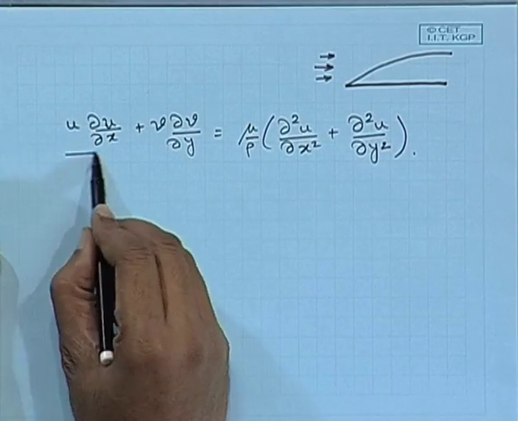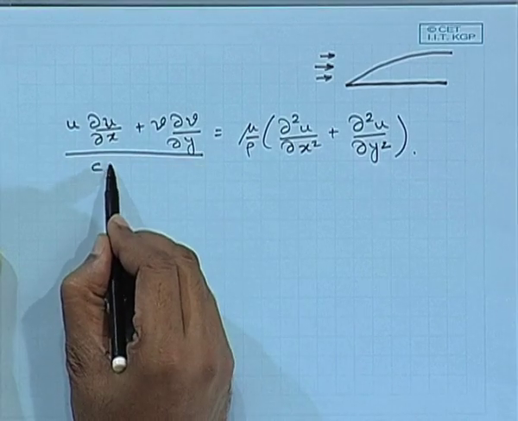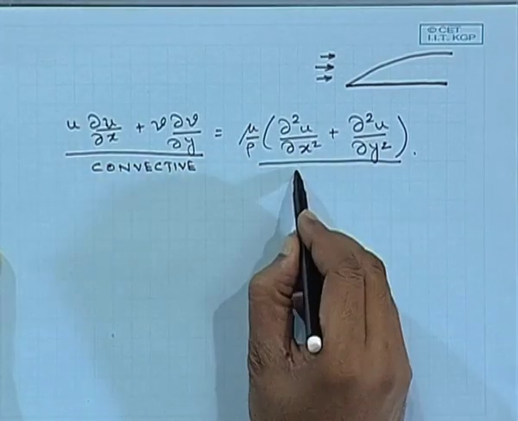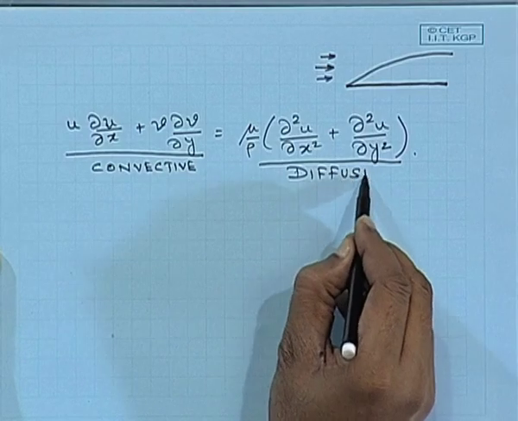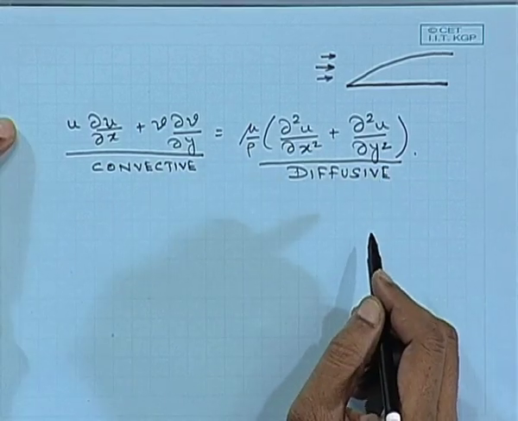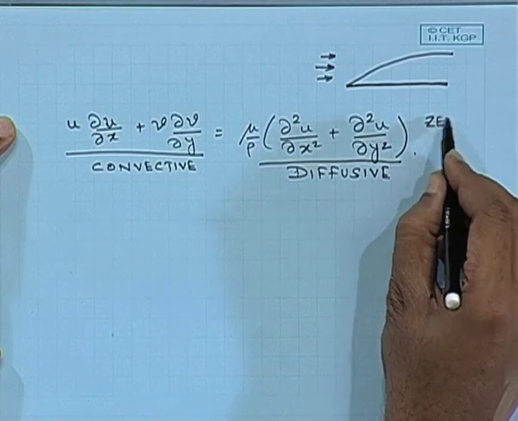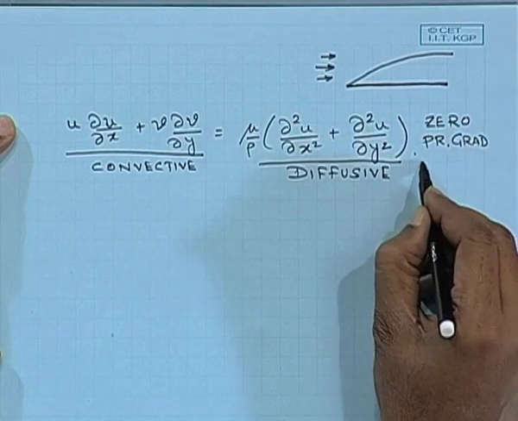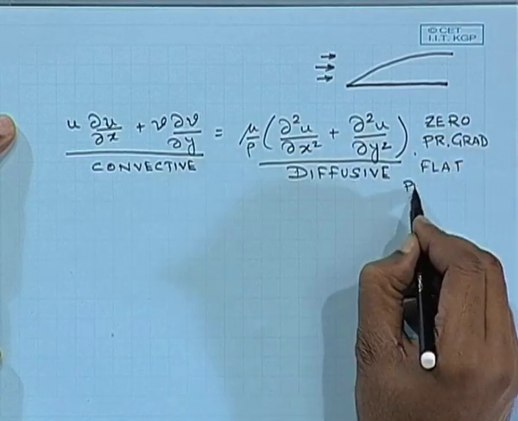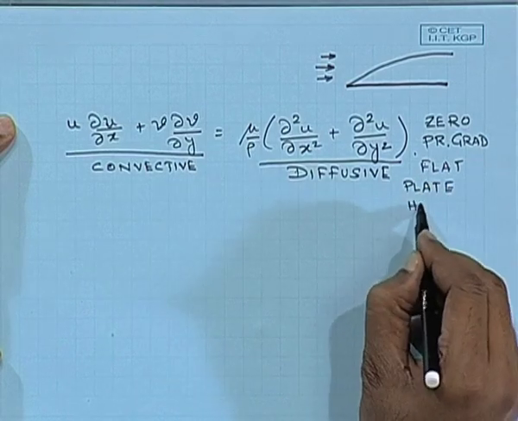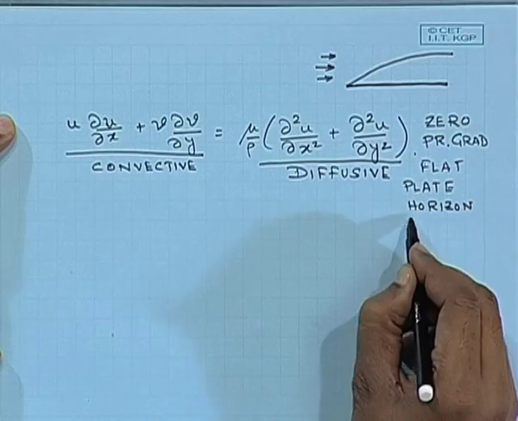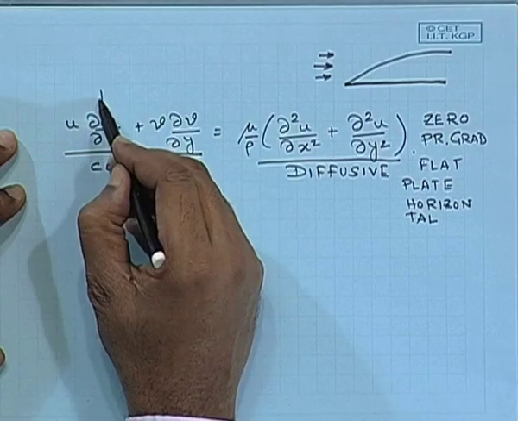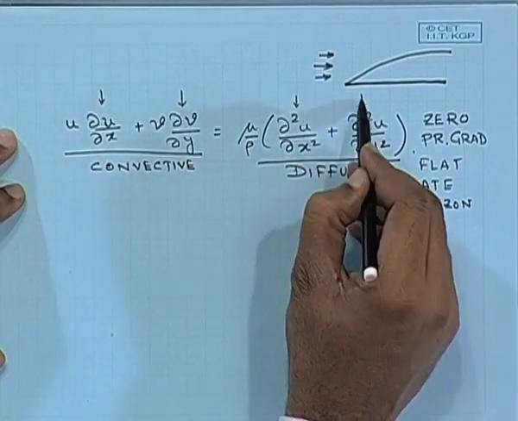So, this part, as we have seen before, is the convective momentum transport. This one is the diffusive transport of momentum. Navier-Stokes equation written for zero pressure gradient, flat plate and horizontal system. So, that means there is no effect of body forces. This one is the convection, convection, diffusion and diffusion.